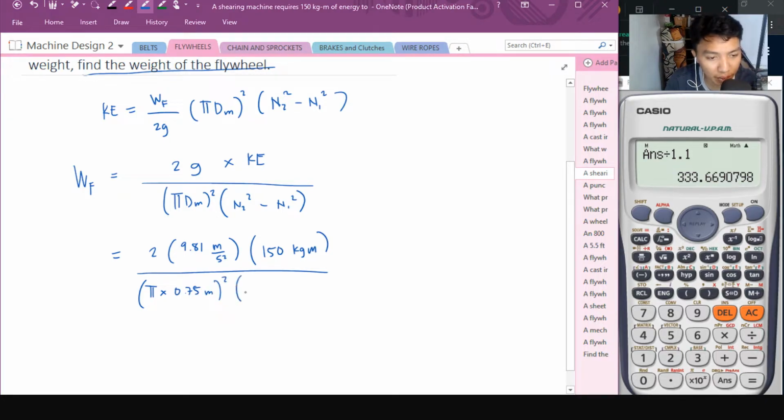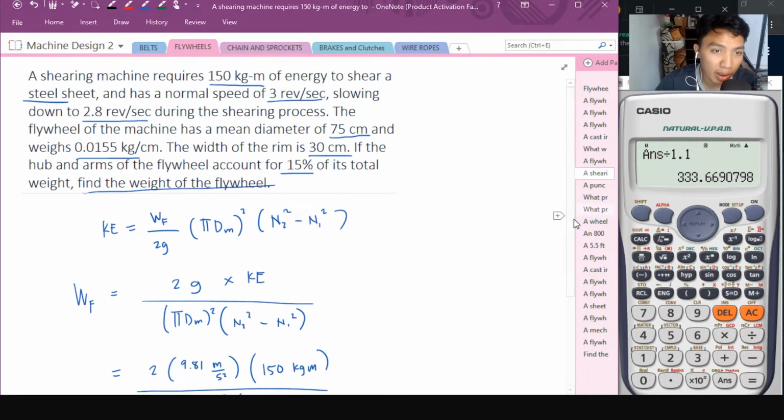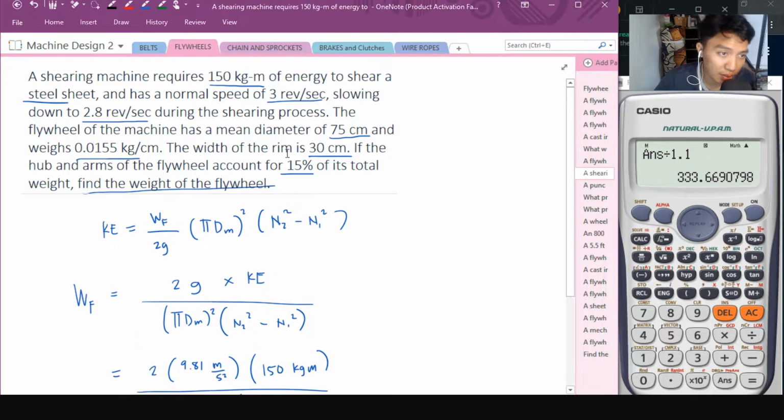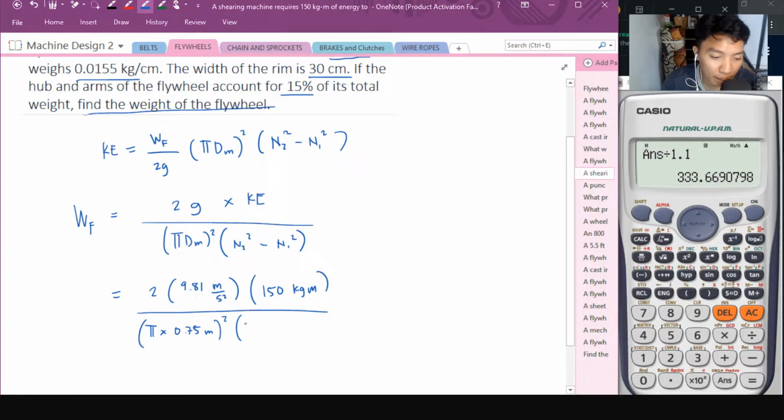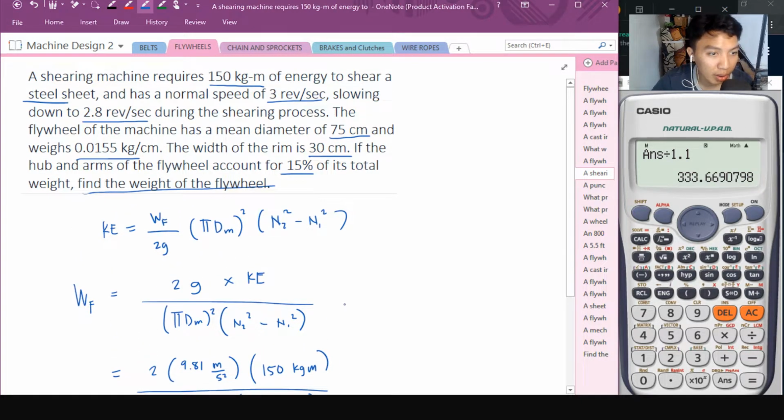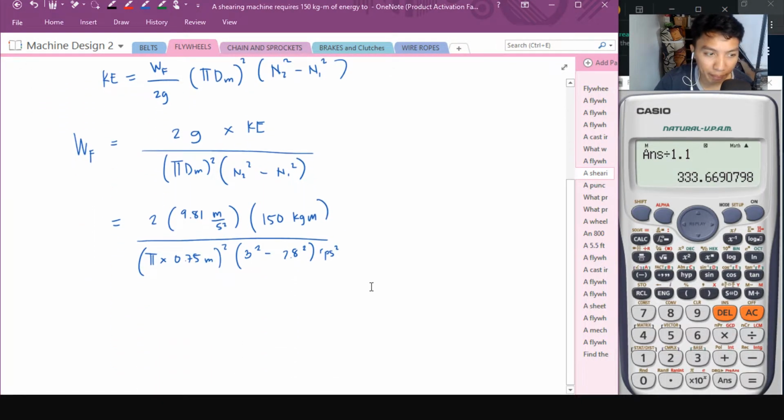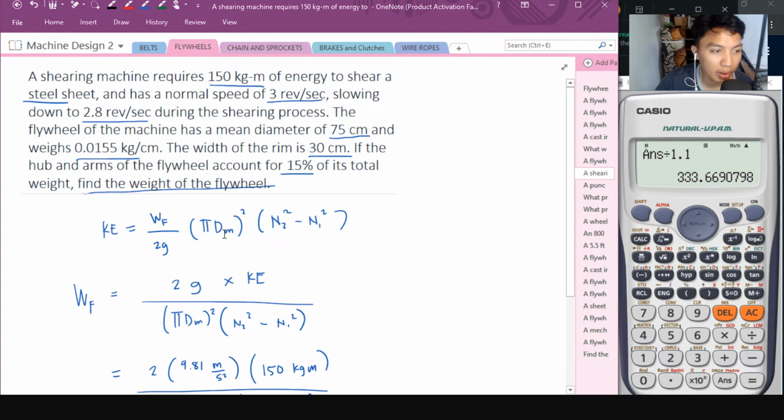Square the value and then N2, dapat naka-revolutions per second yan. Sakto naman. So, 3 RPS squared minus 2.8 squared RPS squared. Okay. So, weight of the flywheel is equal to. Yan, hinahanap lang naman dyan, weight of the flywheel.